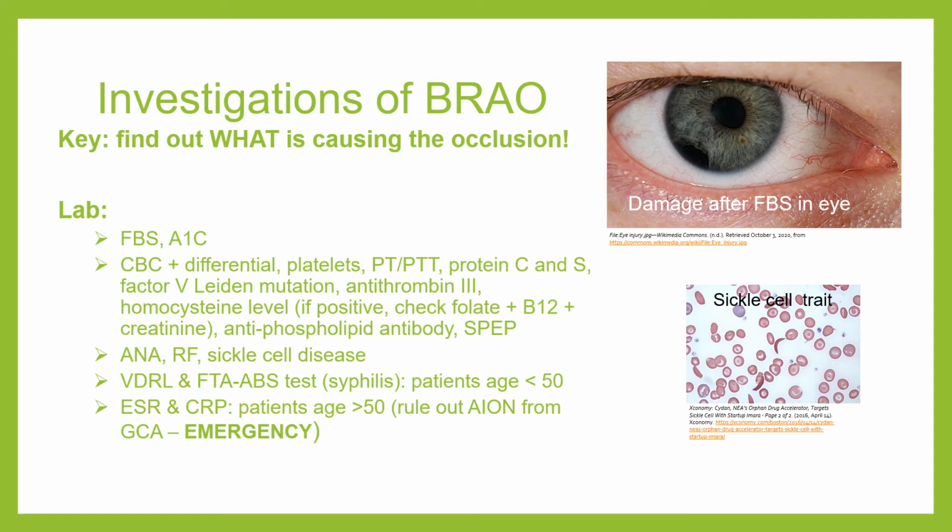ANA and RF are markers for lupus and rheumatoid arthritis, respectively, and we can rule out sickle cell disease too.